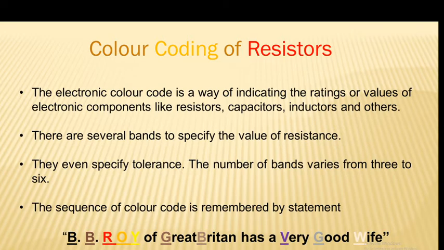The number of color bands present on the resistor body varies, and to remember the sequence of the color bands, students have to remember one statement, that is B.B. Roy of Great Britain has a very good wife. Every capital letter with underline indicates a color.